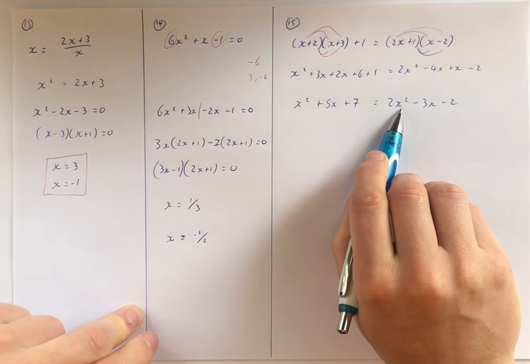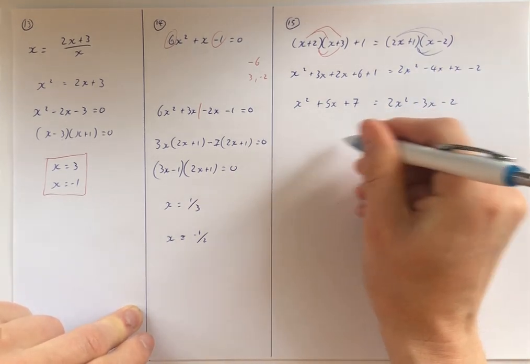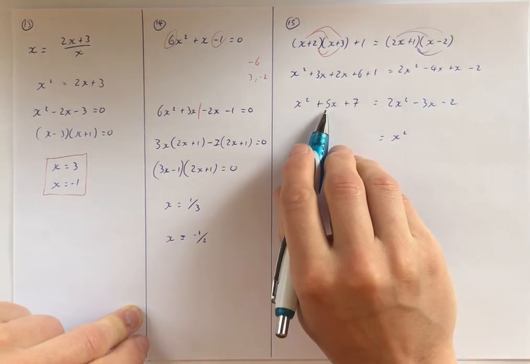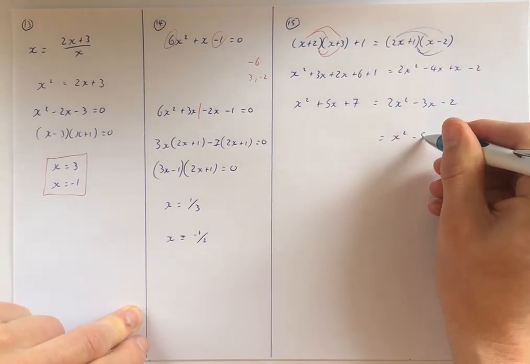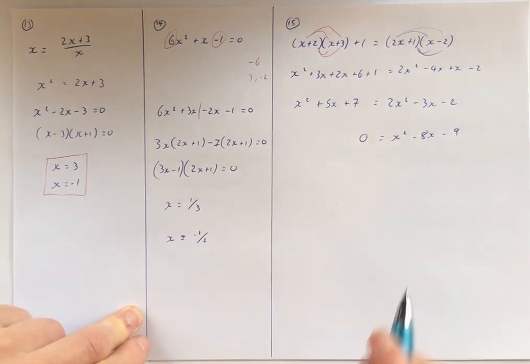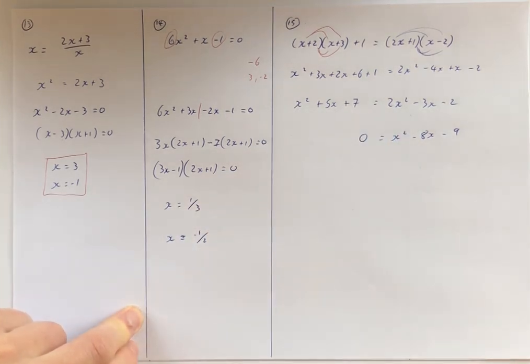Now I've got more x squareds on the right, so I'm going to subtract x squared off both sides. So that's going to go down to x squared. We're going to subtract 5x, so it's going to make this go to negative 8x. And we're going to subtract 7, making this go to negative 9. And now it's equal to 0. So I've subtracted these three terms off both sides. So we've done the same thing to both sides, so that's allowed.